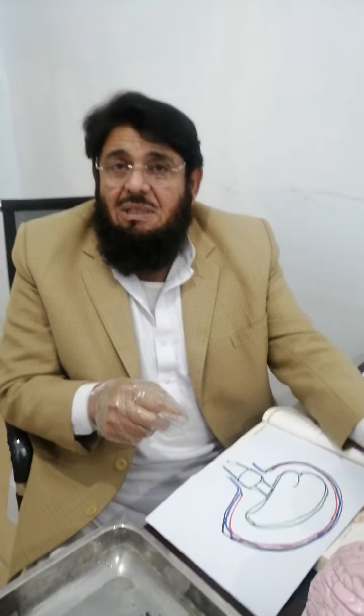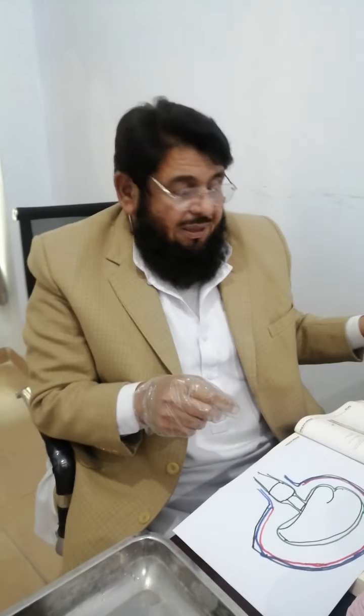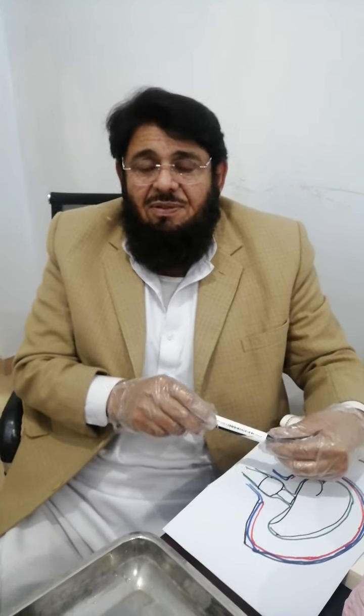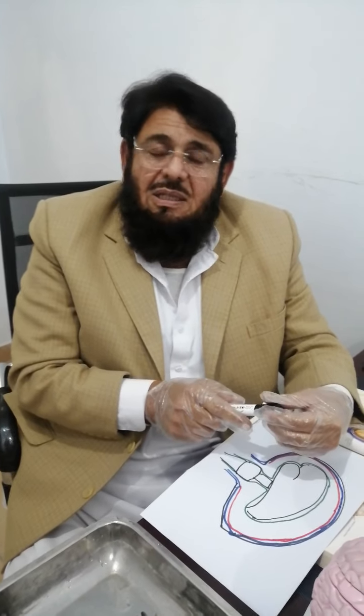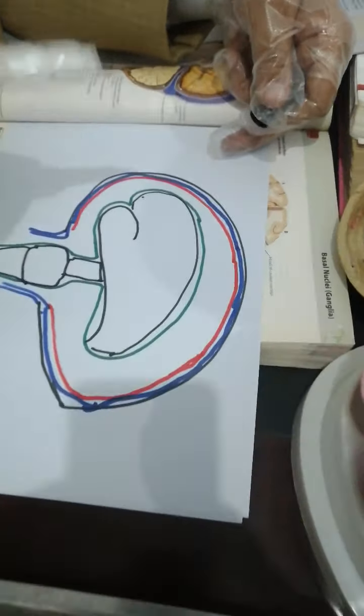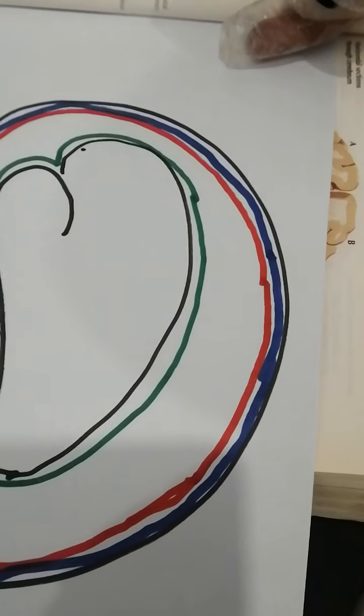Alright, we were discussing the meninges of the brain. Dura mater we have discussed. Now the next layer of the meninges is the arachnoid mater. Look, this is the skull bone, the black line, and then this is the meningeal layer of dura mater.